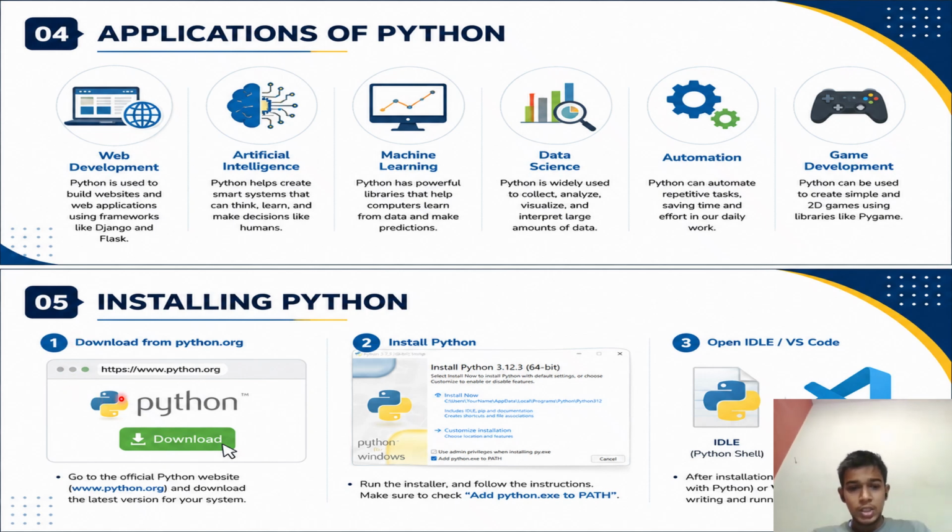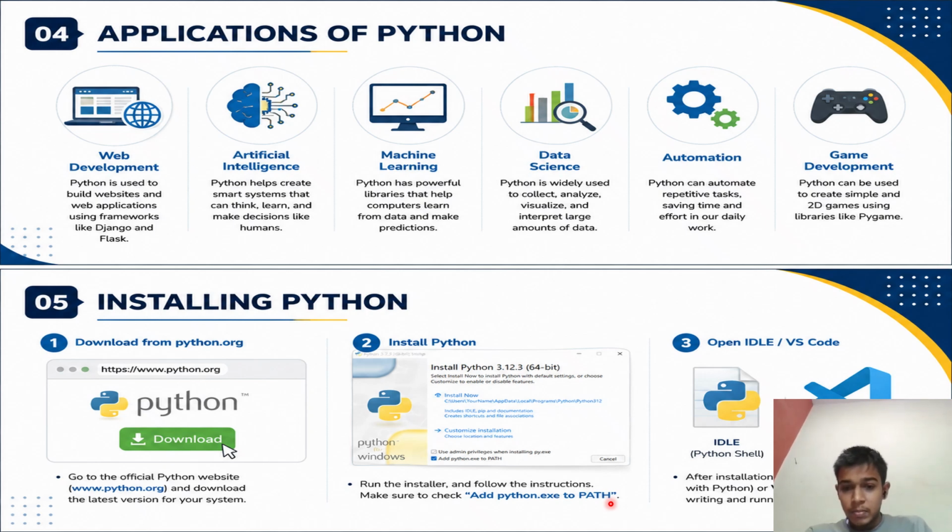Step 1. Visit the official website www.python.org, and there you can download the latest version that is suitable for your operating system. Coming to the second step, run the installer. Before clicking install now, make sure to check the option add python.exe to PATH. This allows you to run Python directly from the command line.